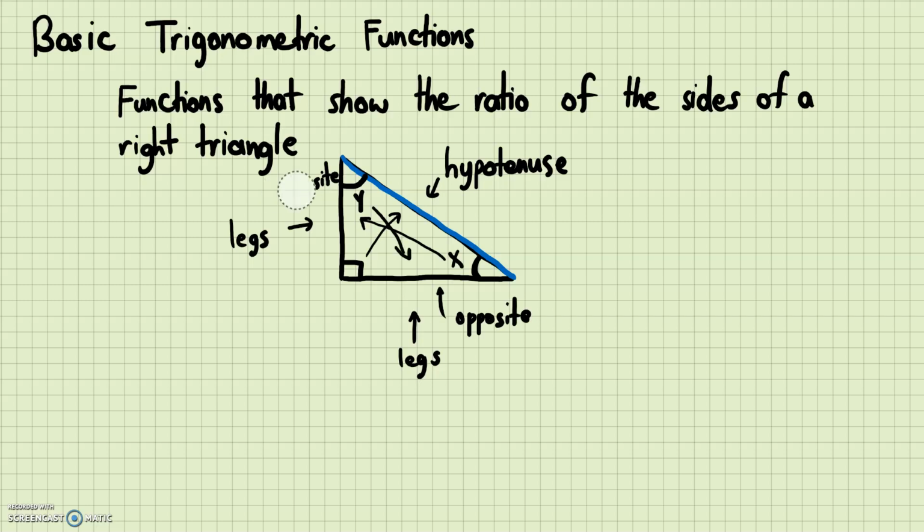And this side is touching that angle and it's not the hypotenuse, so that is the adjacent side. So the opposite and adjacent sides change with the angles. Keep that in mind. The adjacent side is the side that touches the angle and is not the hypotenuse. The opposite side is the side that doesn't touch the angle, and it's on the other side from the angle.